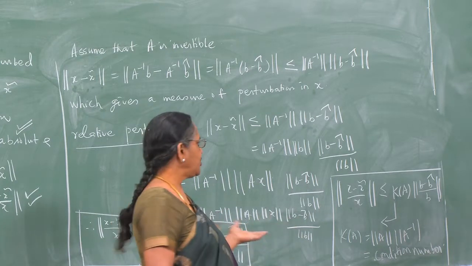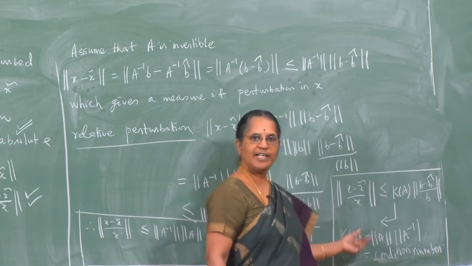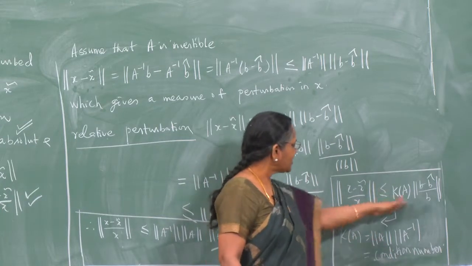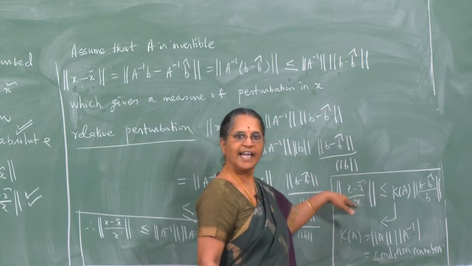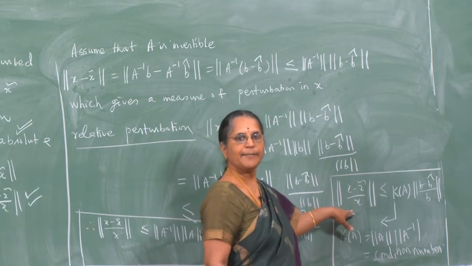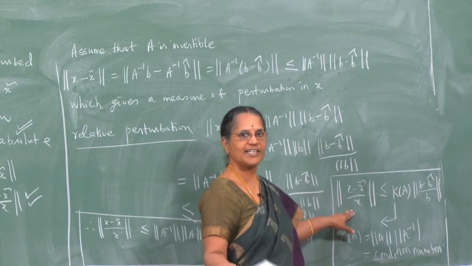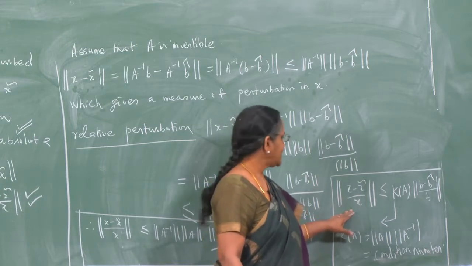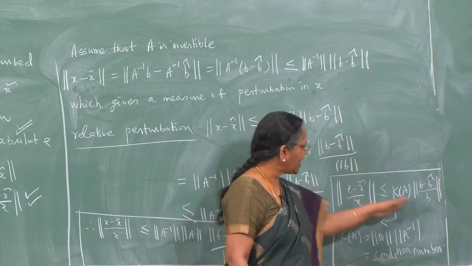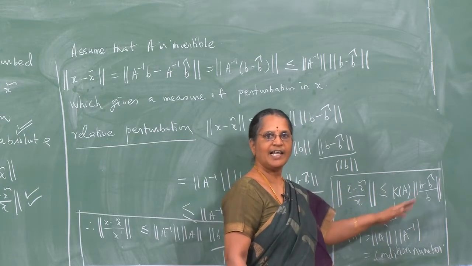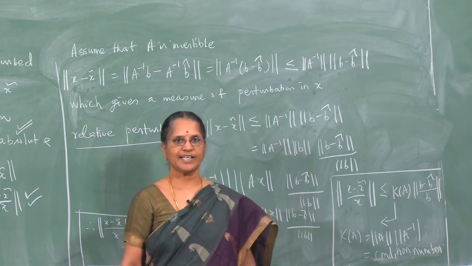If the magnitude of the condition number turns out to be very, very large, then this result tells you that the relative error in x, namely the output that you get as x tilde, is deviated very much from x if the condition number is very, very large, so that the system becomes an ill conditioned system.